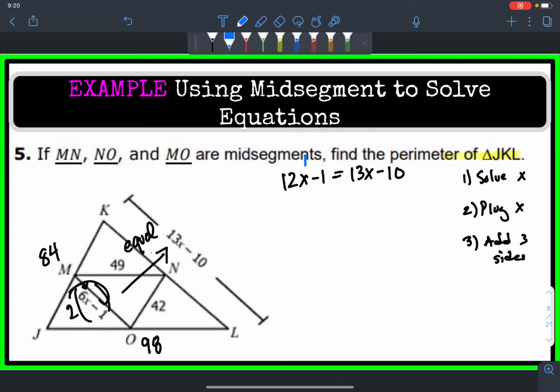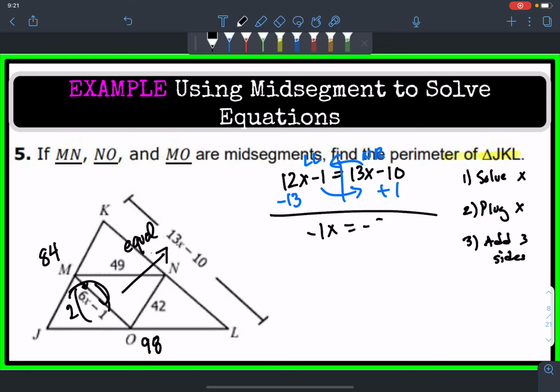With letters to the left and numbers to the right, we move the 13 to the left side, we move the 1 to the right side, and we're going to get that negative 1x is equal to negative 9. We divide by negative 1 and the value of x is equal to 9. So there, we've done step 1. We've solved for x.